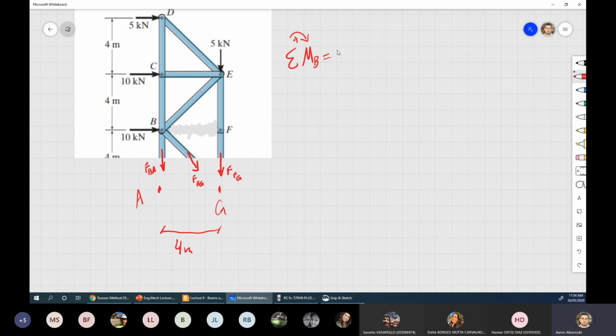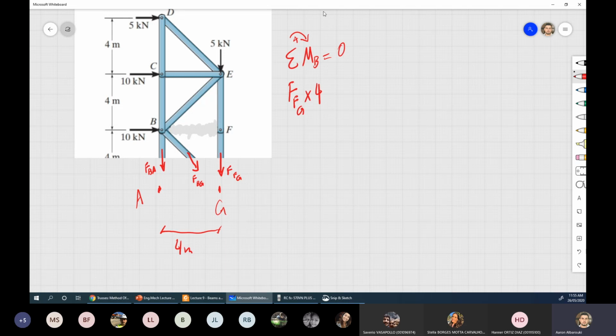So I've got the FFG rotating clockwise, so first of all equals to 0. FFG multiplied by 4, and that's rotating clockwise, so it's positive.